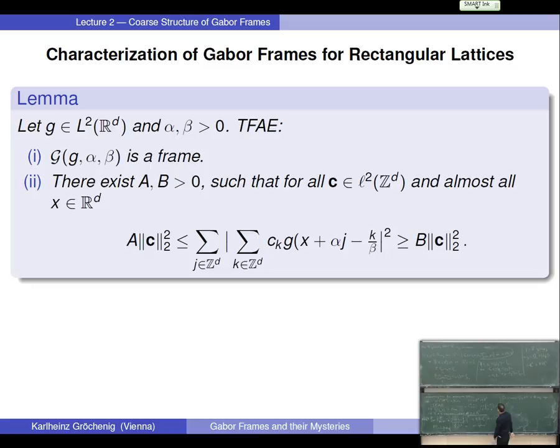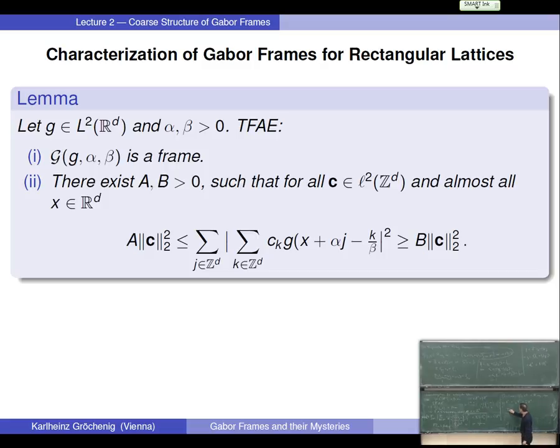You get 1 over beta, 0, negative 1 over alpha, 0, and that applied to Z^2d gives you the lattice 1 over beta Z^2d cross 1 over alpha Z^2d. So in the first coordinate I get multiples of 1 over beta. In the second coordinate I get multiples of 1 over alpha.